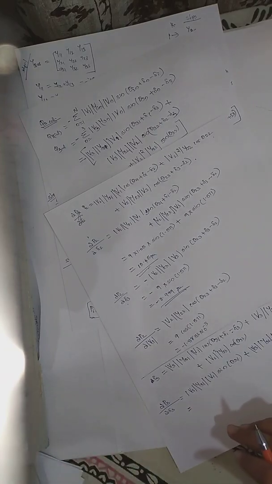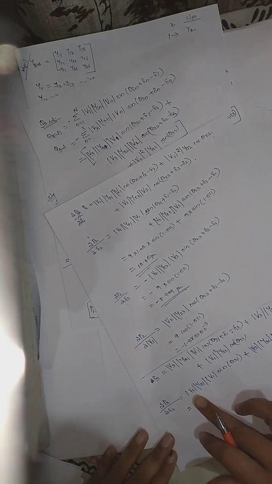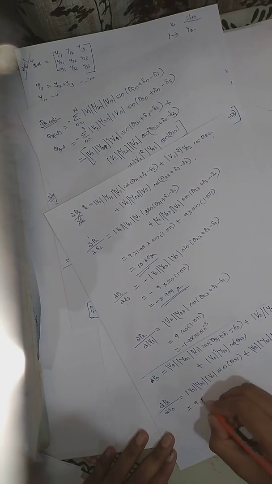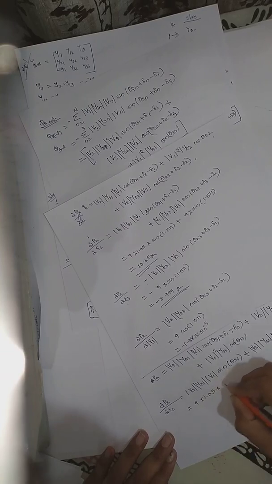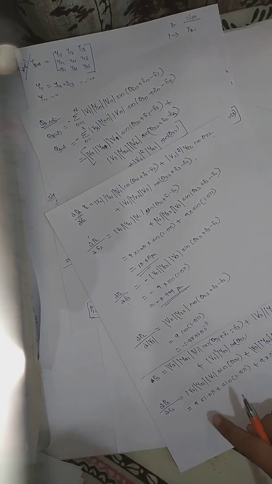So that will be equal to V3 value is 1 into Y31 value is 9 into 1.05 into sin of 1.571 plus V3 value is 1, Y32 value is 9 into V2 value is again 1 into sin theta 32 value, which is 1.571.